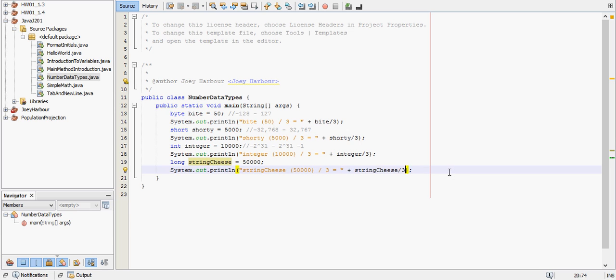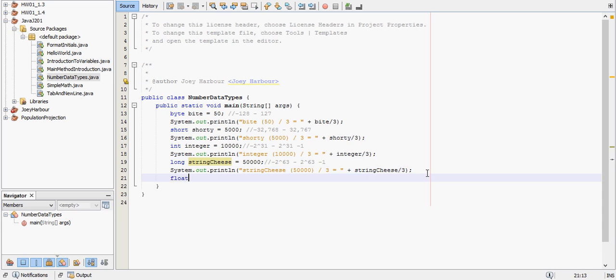A long will not have a decimal either. A long can be from negative 2 to the 63rd power through 2 to the 63rd power, and like always, we have to subtract 1 at the end.